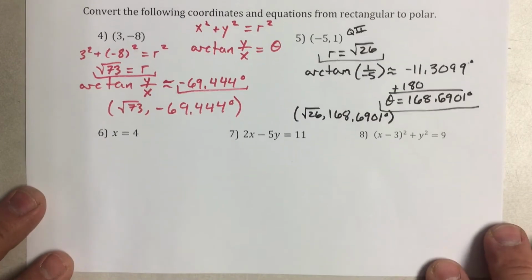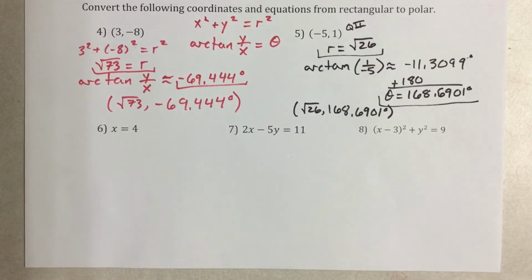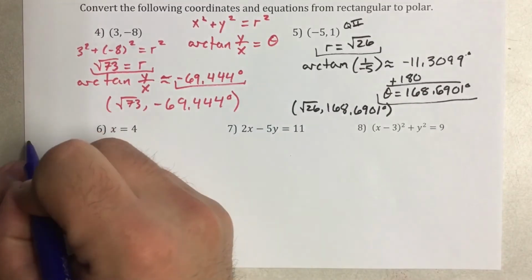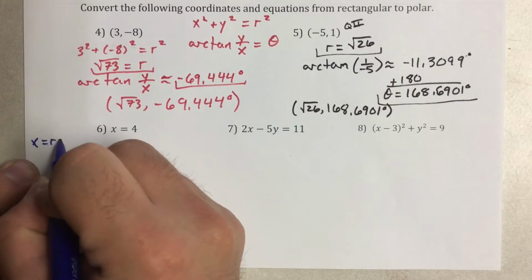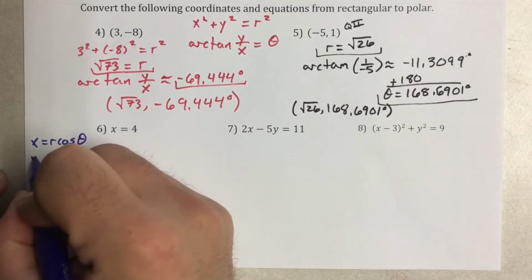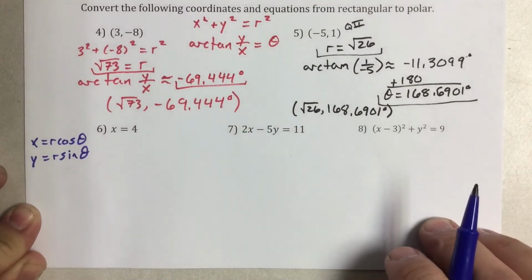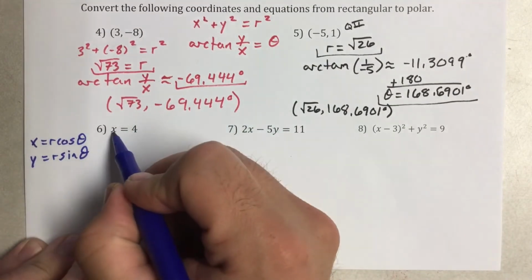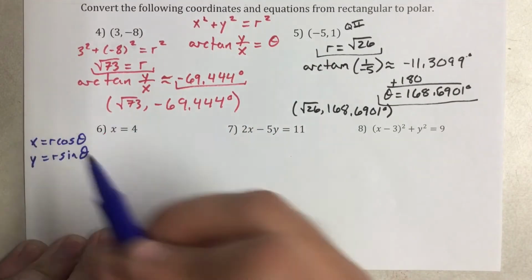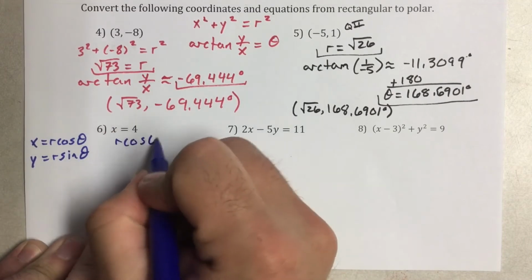All right, so now converting equations from rectangular to polar. Looking at x equals 4. So the conversion equations we're using here are going to be x equals r cosine theta, y equals r sine theta. So I see x. I want to replace x with r cosine of theta.